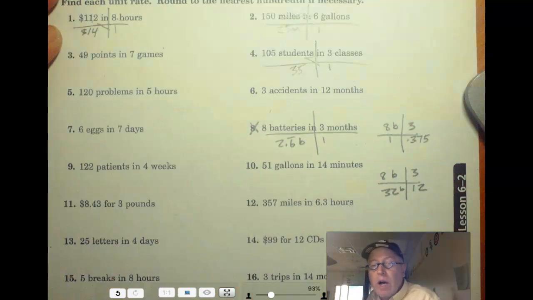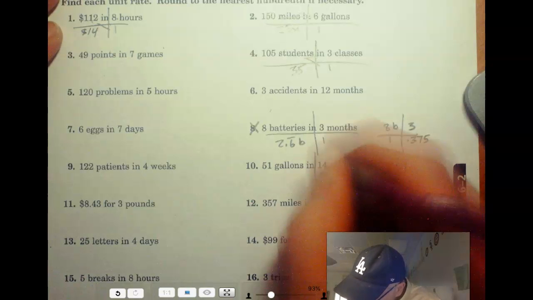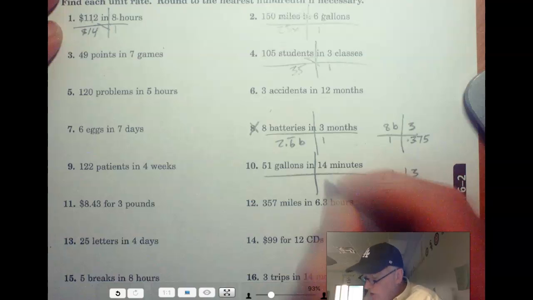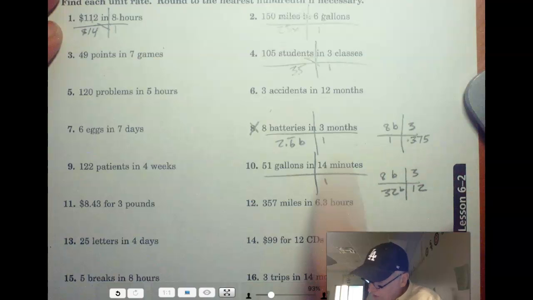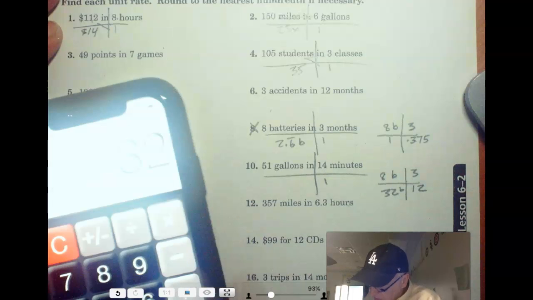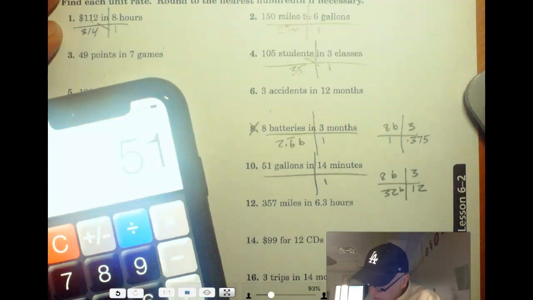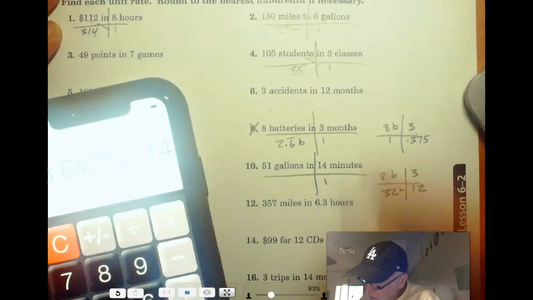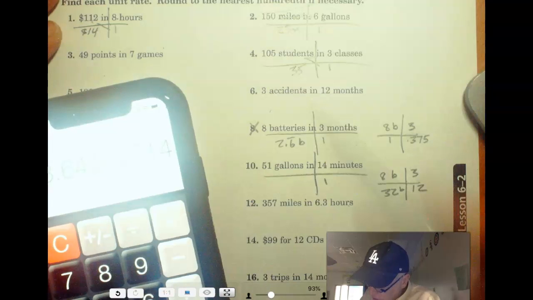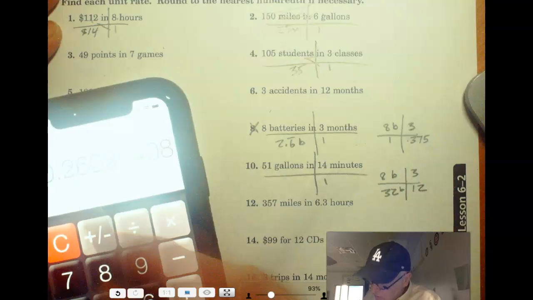All right, I'll do one more here. 51 gallons in 14 minutes. Again, I want to know how many gallons in 1 minute. Unit of time, put that on the bottom. So we'll take 51 and divide that by 14, and we're going to get 3.64. We'll round to the nearest hundredth.